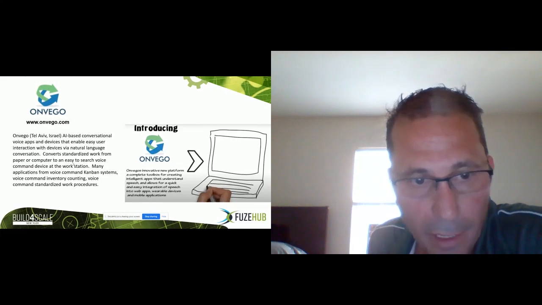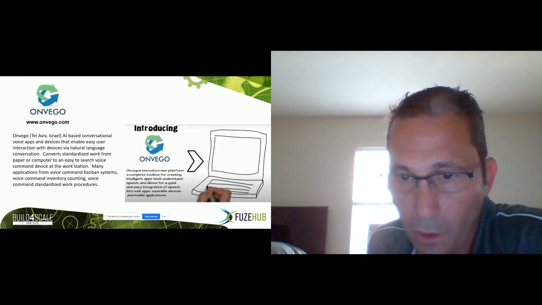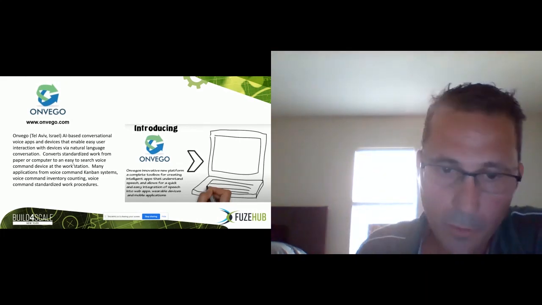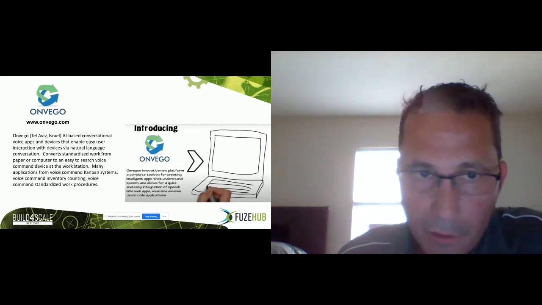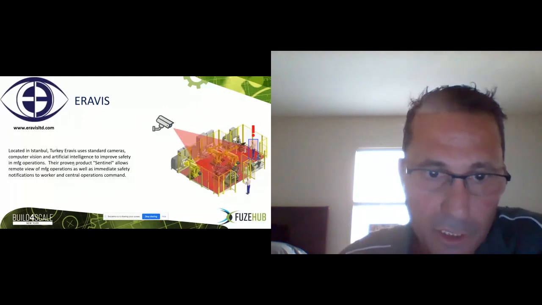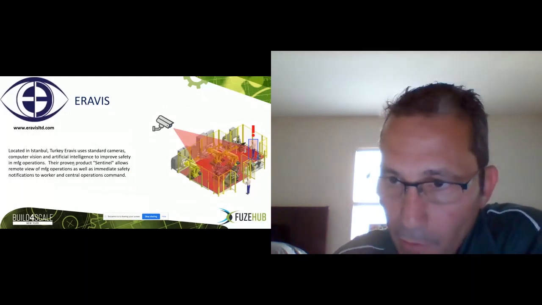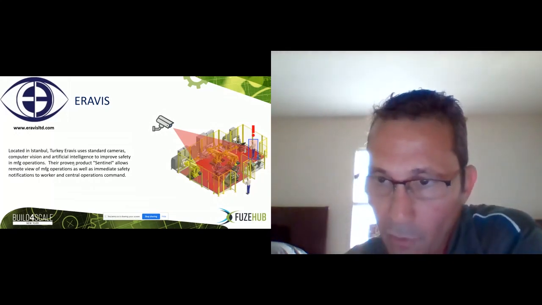So just a great example of artificial intelligence put to work to make it easier to understand what your standardized work procedures are. We're also seeing quite a bit of use of standard, again, visual systems with artificial intelligence built in to accurately detect when we're having safety issues on a plant floor.